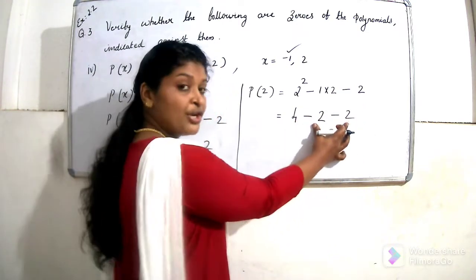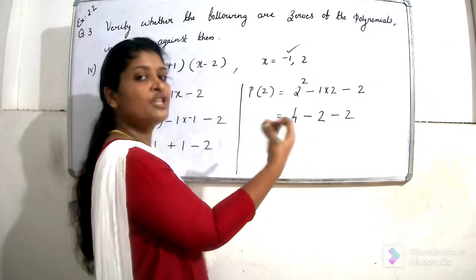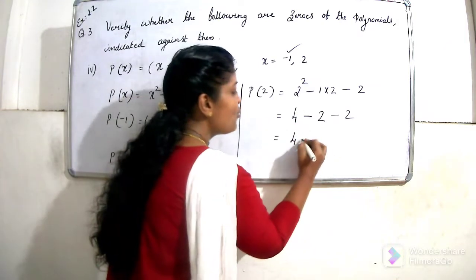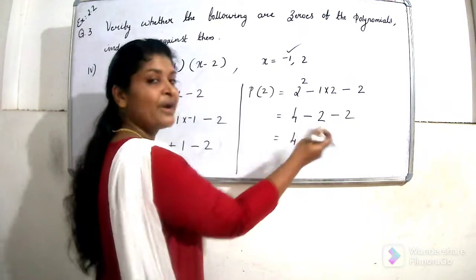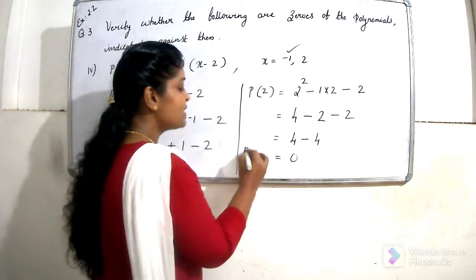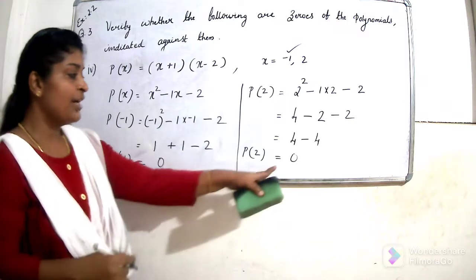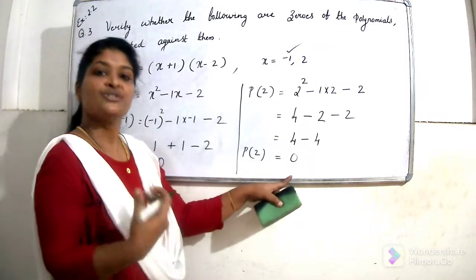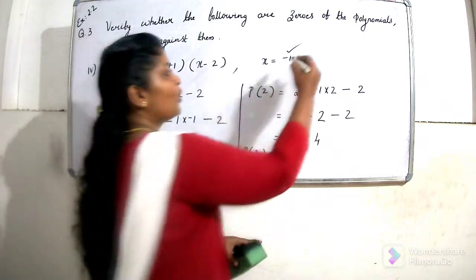Now these two have negative signs, so when the signs are same, we add and put the same sign. So 4 minus 4, that is equal to 0. So when we substituted the value 2 in the polynomial, we get the answer 0. So we can say 2 is also a zero of the polynomial.